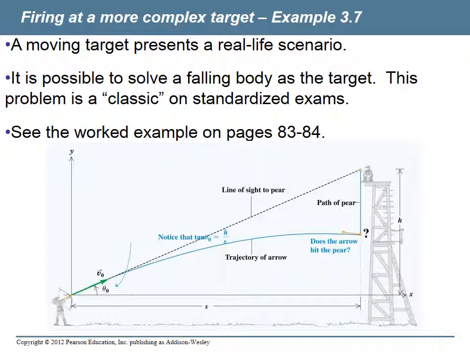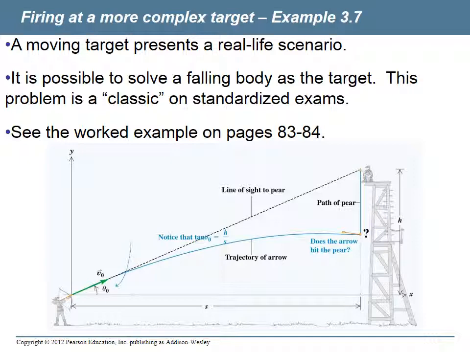So the interesting thing here is that if you want to shoot in an airless world, if you wanted to shoot the pear out of this hand, you would aim exactly at the pear, and it would hit it down here, because they would be pulled down by gravity, both of them the same amount, and so it would hit here. Interesting concept, good one to understand, important one to understand.